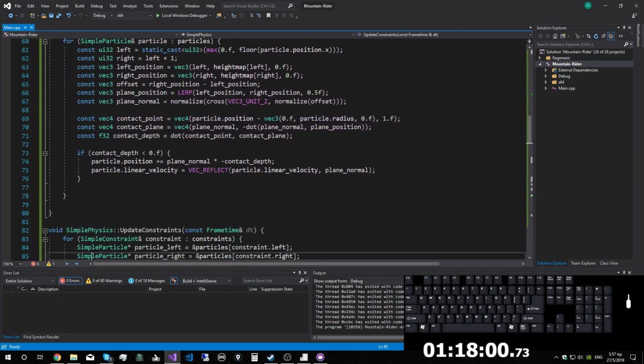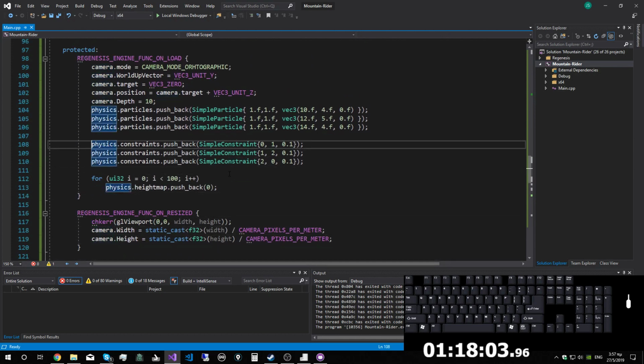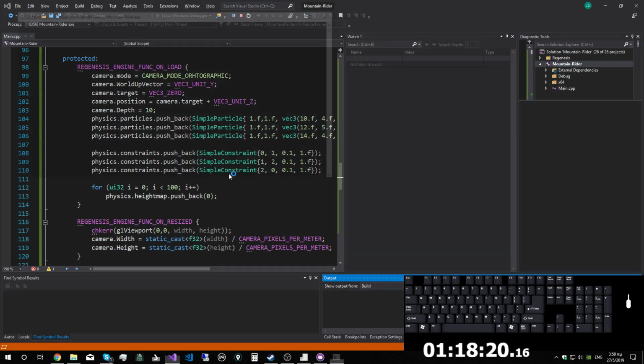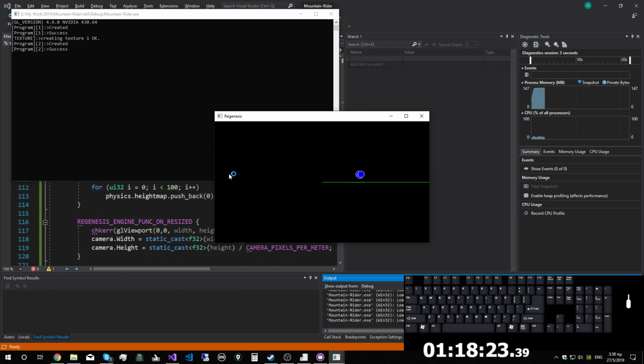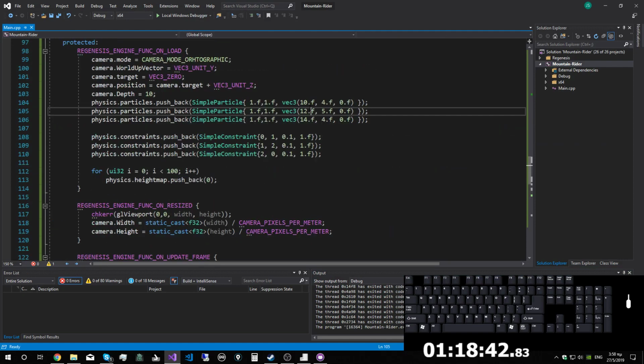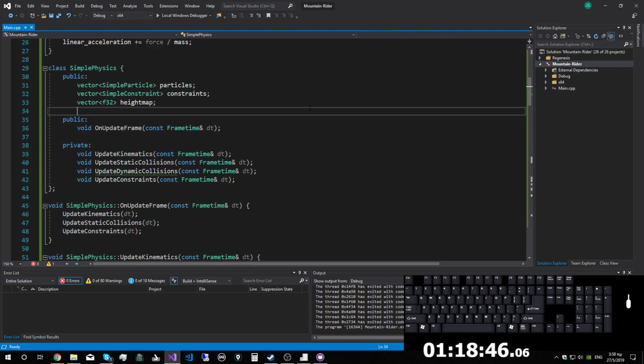Let's say I want each one of these guys to be separated by 1 meter. Will that work? If not, we have a problem. No, something is wrong, definitely. And I'm not sure why.